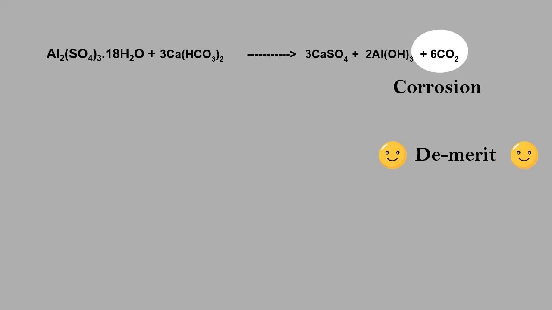This is a demerit. By adding alum, of course the sedimentation process becomes effective and we can remove many particles, but the demerit is that permanent hardness increases and a corrosion problem arises because of 6CO2.